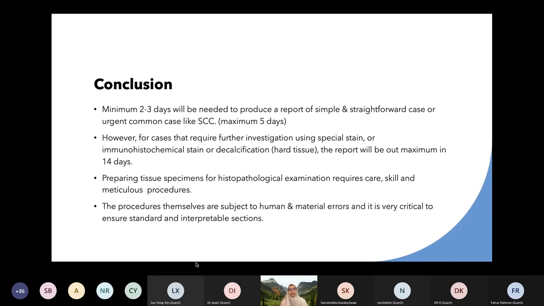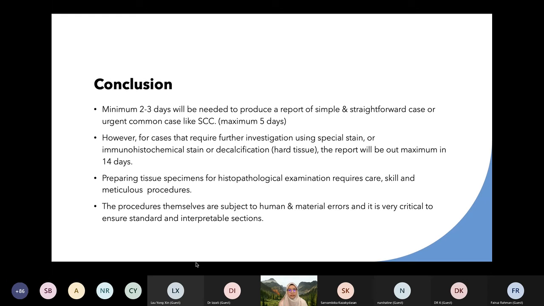We have reached the end of my presentation. I hope you can get some knowledge regarding what happens to your specimens in the lab and what is the process involved in getting a section of your specimen to be viewed under the light of the microscope.